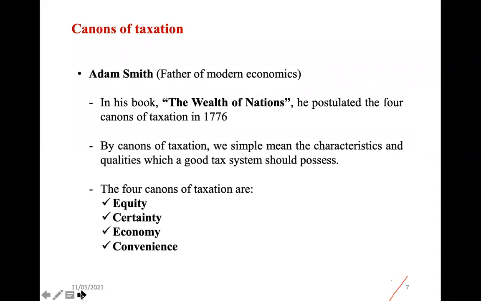So in his book, The Wealth of Nations, he provides an insight into four canons of taxation. And these canons of taxation are equity, certainty, economy, and convenience.